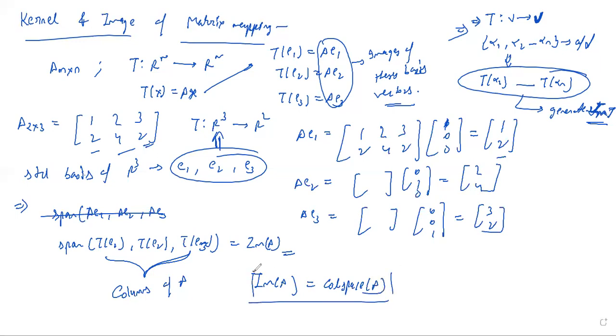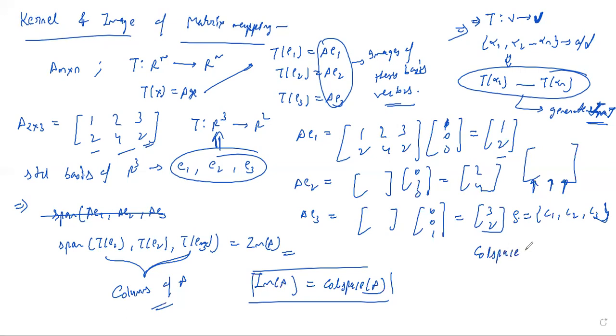This is a very important result. How can I say this? Because we have studied the concept of column space: if I have this matrix with, say, three columns, then I consider the set S of these columns, C1, C2, C3, the set of column vectors. Then the column space of A is defined as the span of C1, C2, C3.